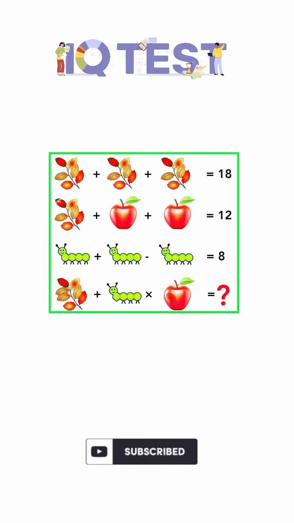So when you have the flower plus the larvae multiplied by an apple, what do you get? So we have 6 plus 8 times 3.